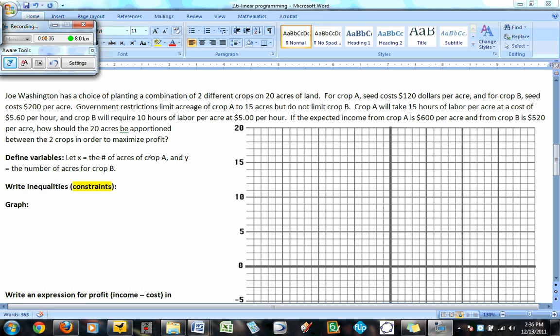Joe Washington has a choice of planting a combination of two different crops on 20 acres of land. For crop A, seed costs $100 per acre. For crop B, seed costs $200 per acre.